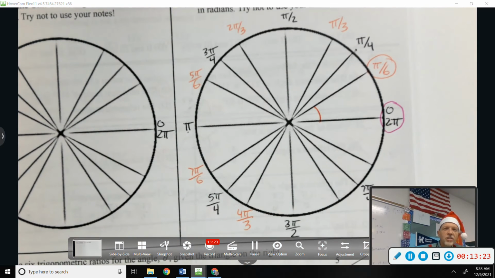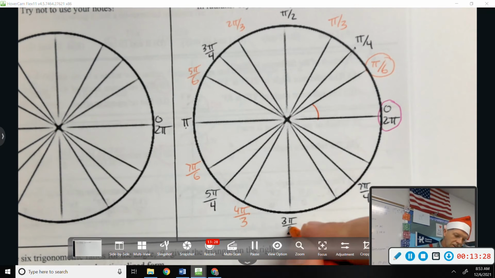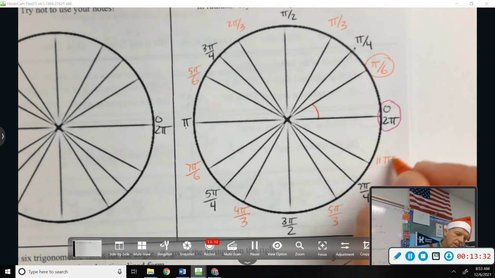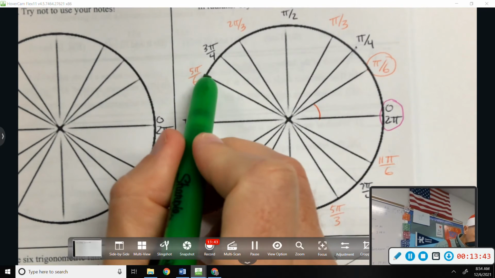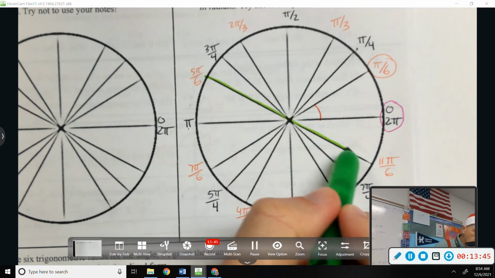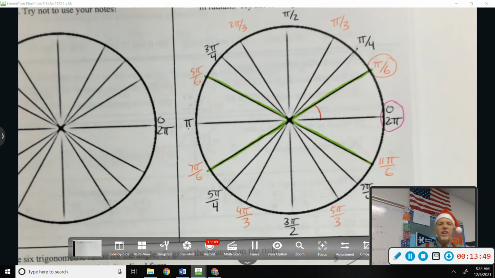Yeah, it's hard to say one thing and write something else. 8 over 6. 9 over 6. 10 over 6. 11 over 6. And did we do the highlighter thing in here? Like all the shallow angles are over 6. You don't have to know that, but it may help you.